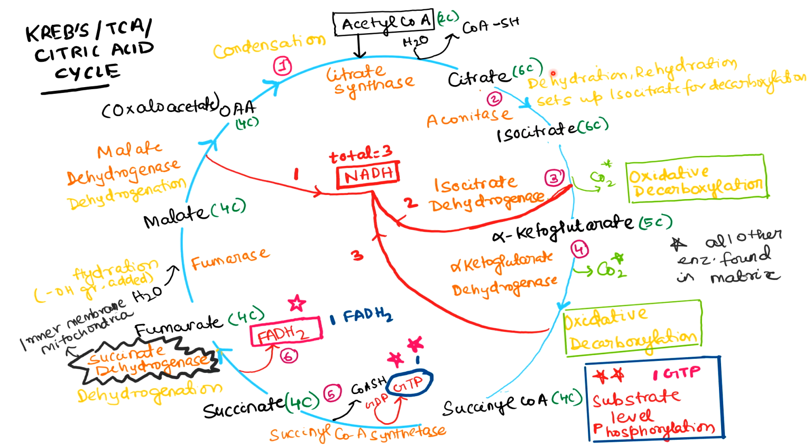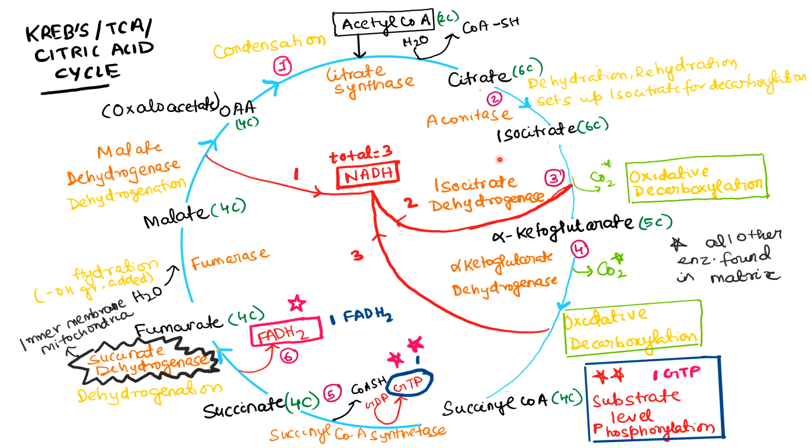Now, why is this dehydration and rehydration necessary? This step ensures that the OH group is attached in isocitrate in such a way that it is in the vicinity of the carbonyl group, as a result of which the OH group can be oxidized further and the carbon dioxide can be easily removed, or decarboxylation can take place easily in isocitrate.